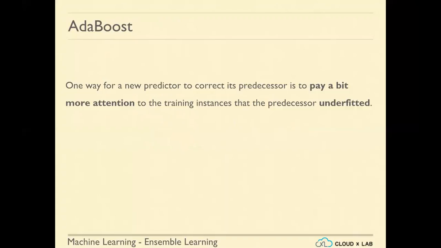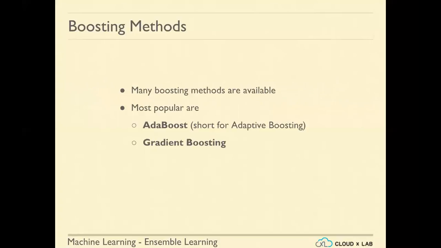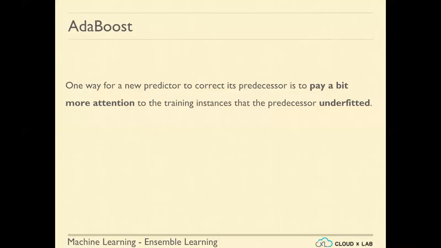Let's start our discussion with Adaboost. One way for a new predictor to correct its predecessor is to pay a bit more attention to training instances that the predecessor underfitted. In Adaboost, we do the prediction using one of the predictors, and then we observe which instances are classified or misclassified.